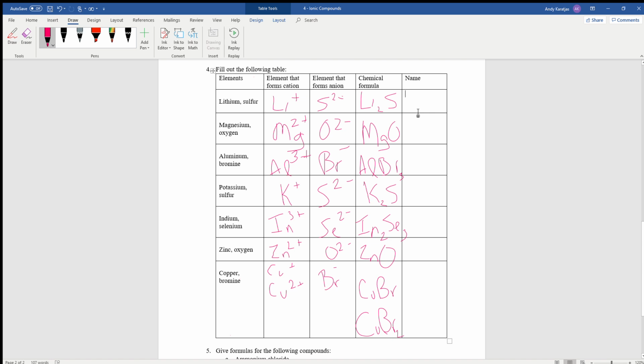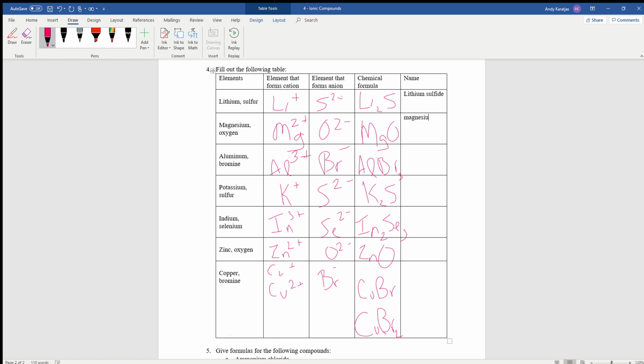Finally, for naming these, remember that when we're naming an ionic compound, we start by naming the metal. So in the case of the first question, lithium. For the name of the nonmetal or the anion, we put IDE at the end. So sulfur becomes sulfide.